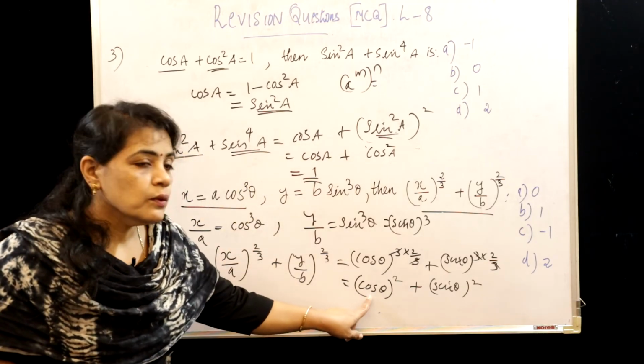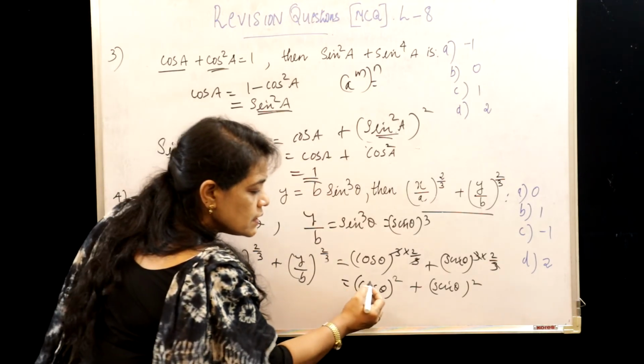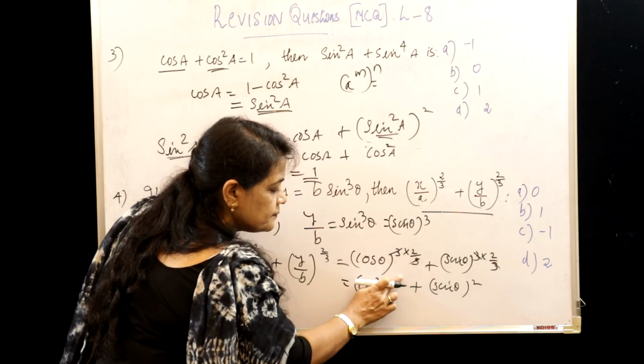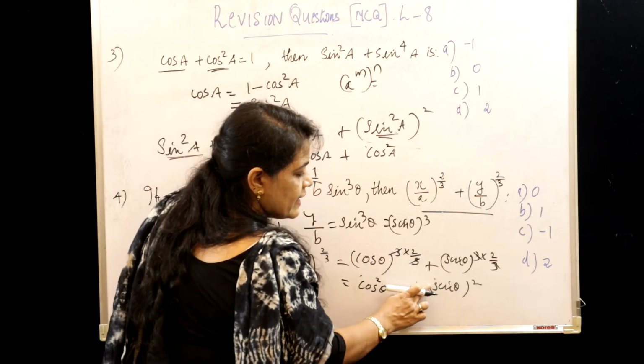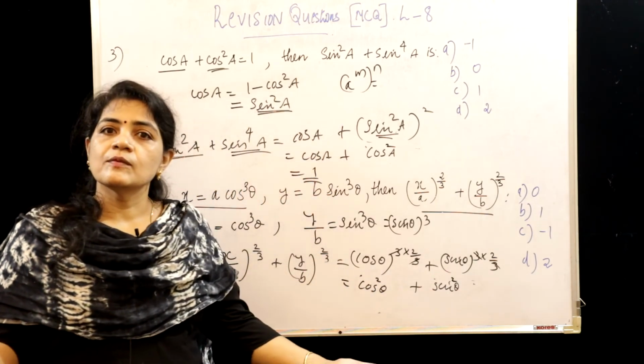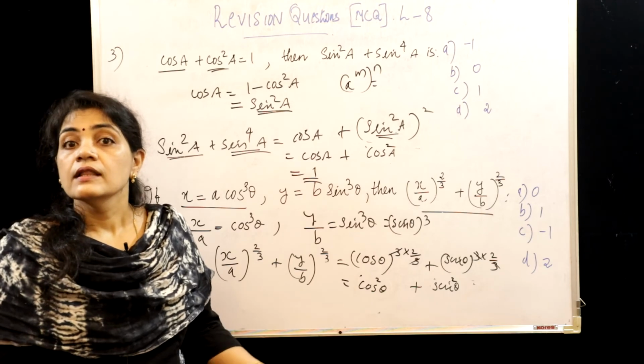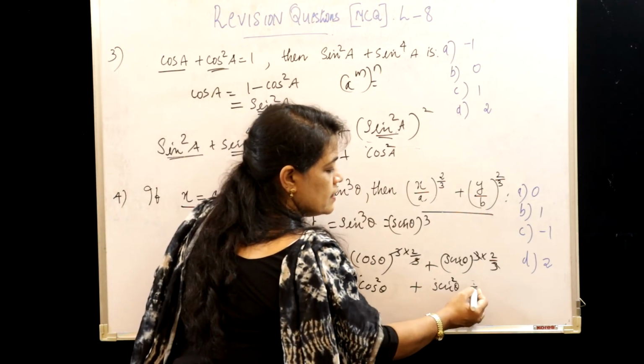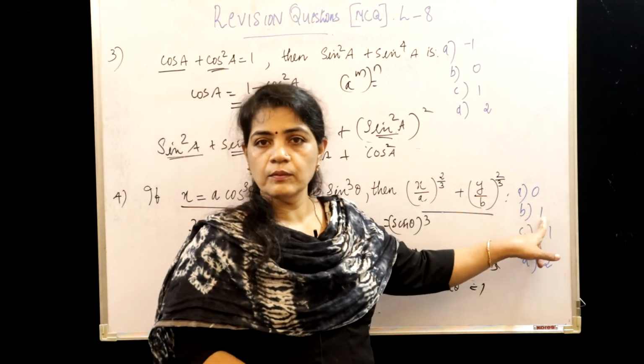Cos theta whole square is cos square theta, and sin theta whole square is sin square theta. What is cos square theta plus sin square theta? Identity, that is equal to 1. See the option, 1 is there, option B.